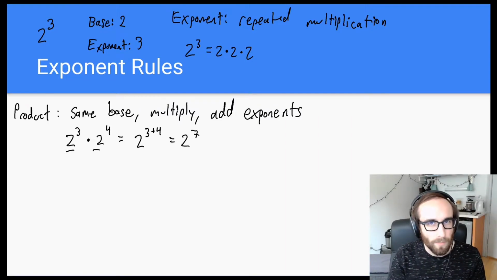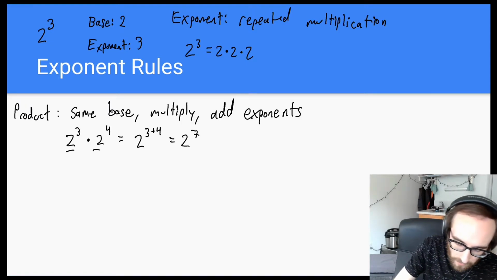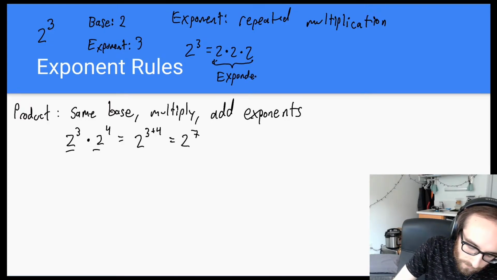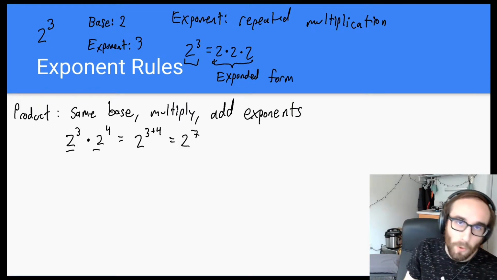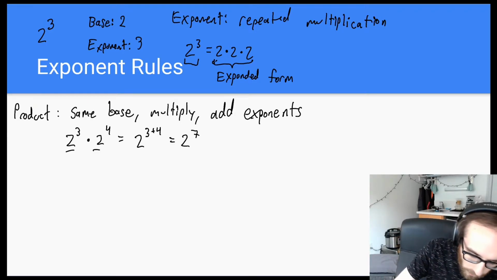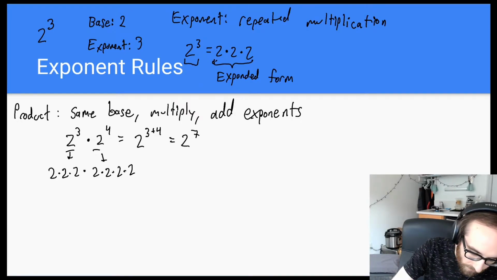We can see this by writing out these exponents in expanded form. When we write out all of the multiplication, this is what we call expanded form, while 2 to the third is exponential form. 2 to the third is 2 times 2 times 2, and 2 to the fourth is 2 times 2 times 2 times 2, and we're multiplying.